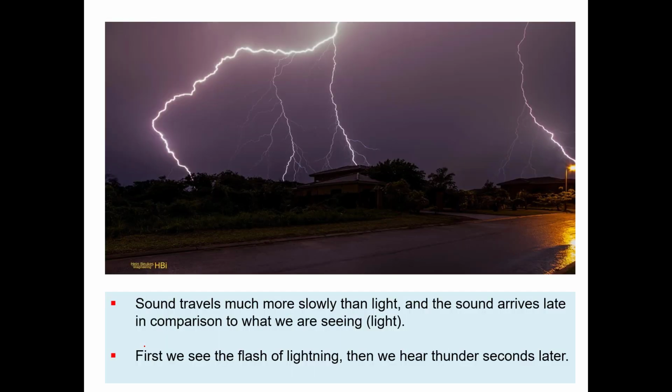And this is why, if there is a lightning, we can see first the flash of the lightning, and then we can hear the thunder a few seconds later. This is why, because the speed of the light is 1 million times greater than the speed of the sound.